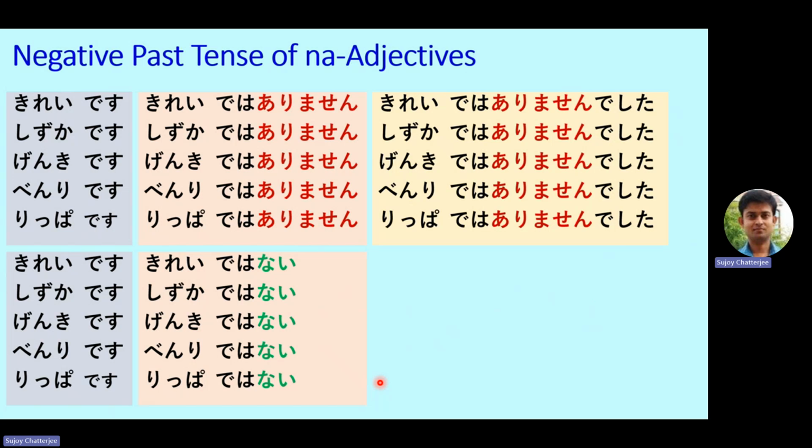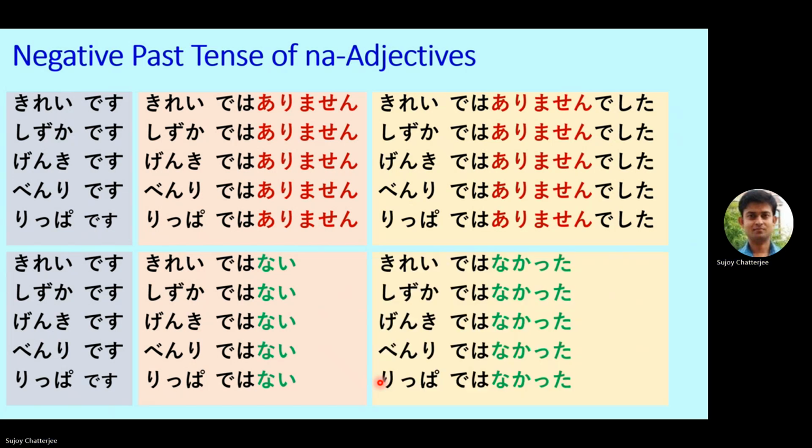Kirei dewanai, shizuka dewanai, genki dewanai, benri dewanai, and rippa dewanai. These will translate to dewa nakatta, but there is no ku here. Kirei dewa nakatta, shizuka dewa nakatta, genki dewa nakatta, benri dewa nakatta, and rippa dewa nakatta.